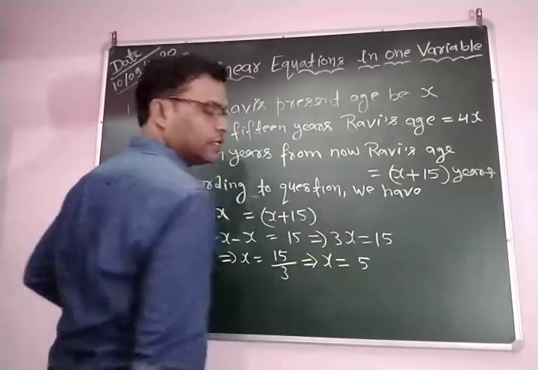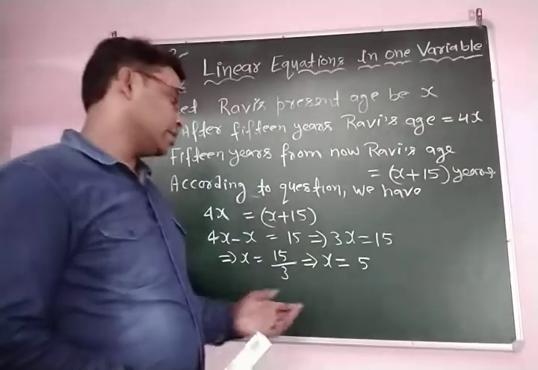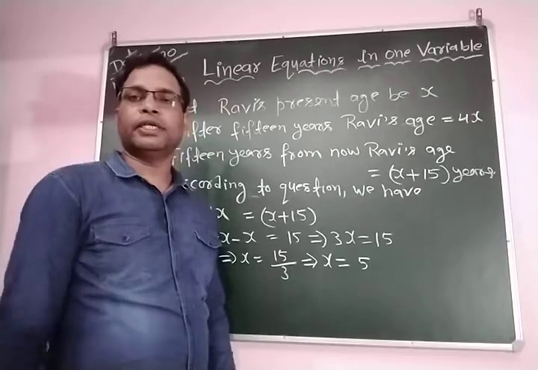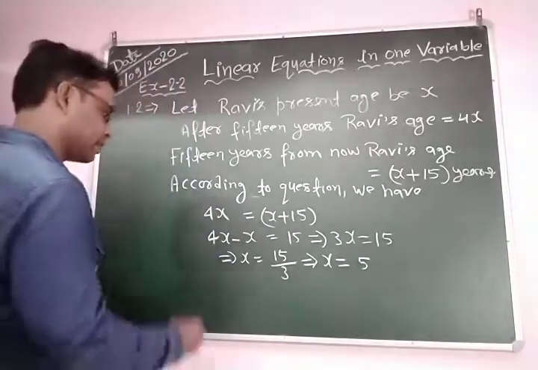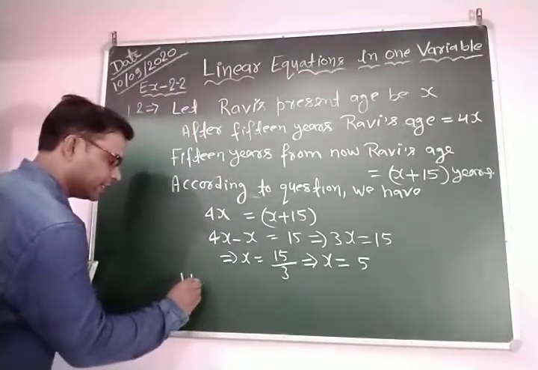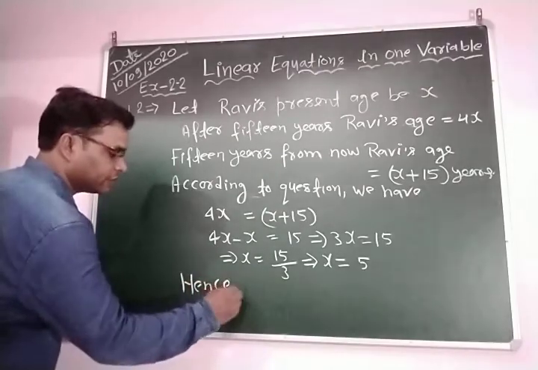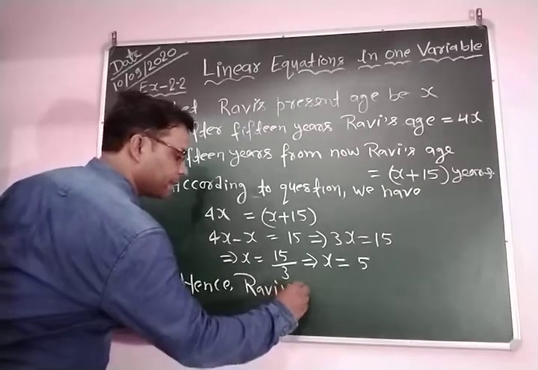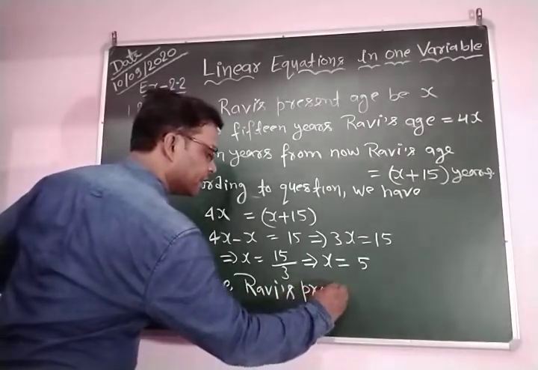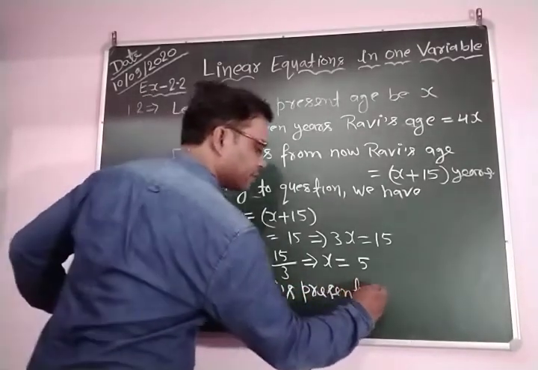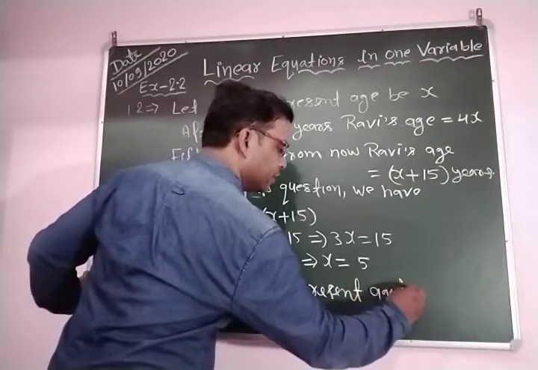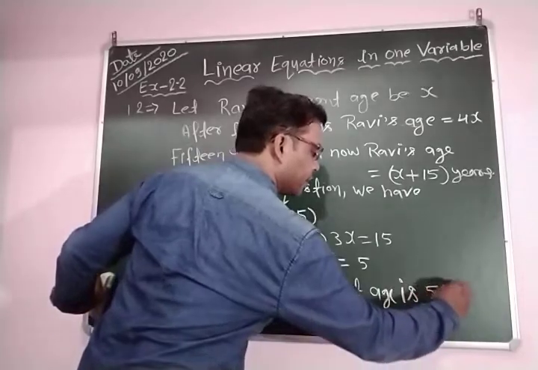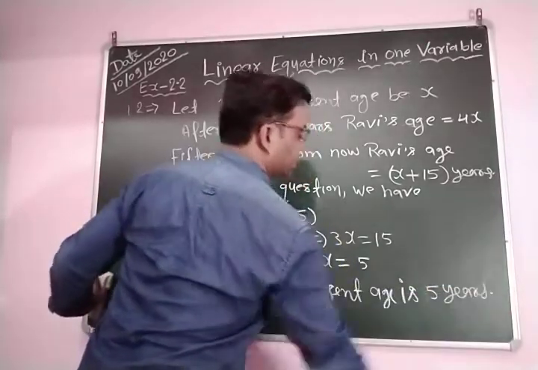What is x? x is Ravi's age. Hence you can write, Ravi's present age is 5 years.